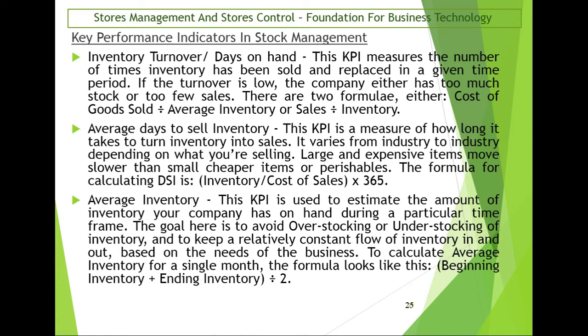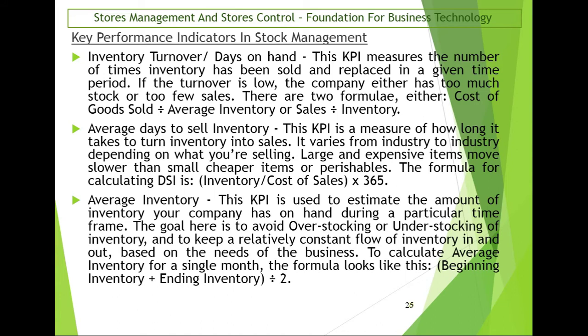So the goal of this KPI is to avoid having too much stock or overstocking, and also avoid running short of stock, in other words, understocking. So we need to keep a relatively constant flow of inventory in and out.